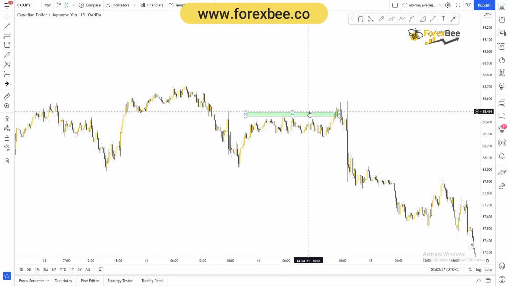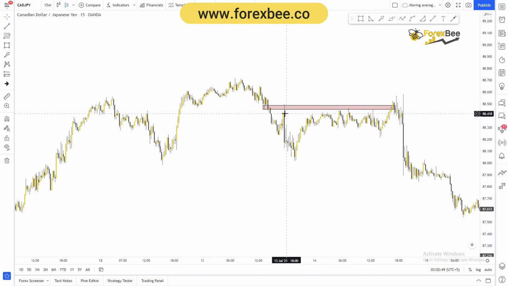So let me just change the color of this a little bit, and this one is basically a good resistance level. And now this is basically an example of straight support or resistance.